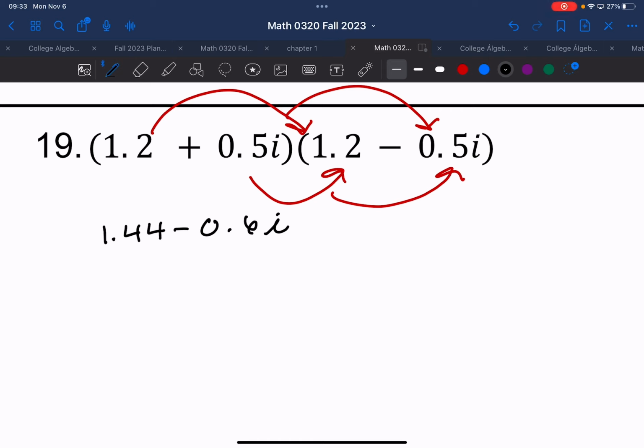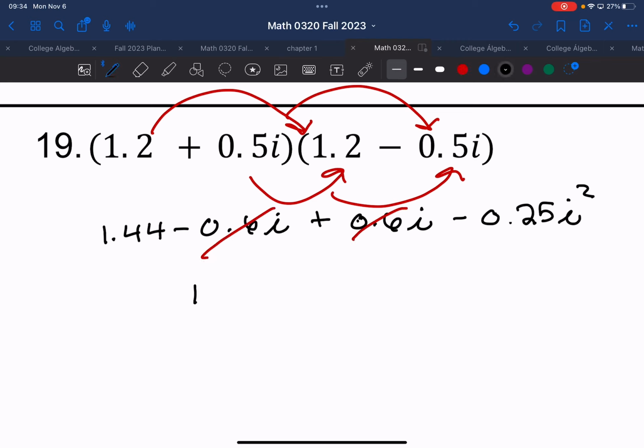Then we have 0.5i times 1.2, which is positive 0.6i. And we have 0.5i times negative 0.5i, which is negative 0.25i what? Squared. What's going to happen to my two middle terms?